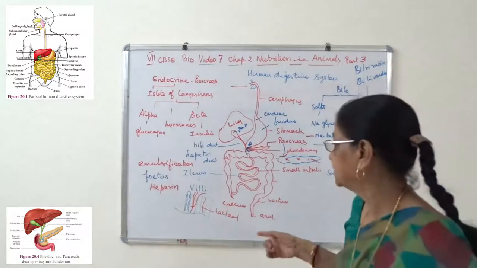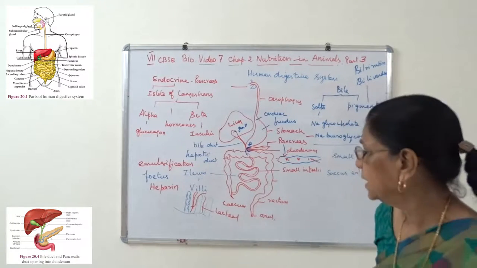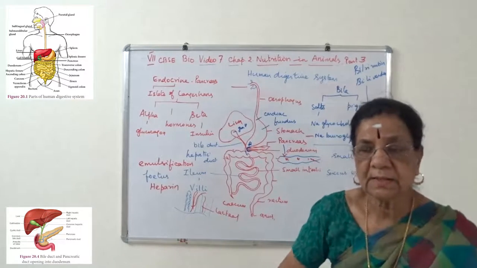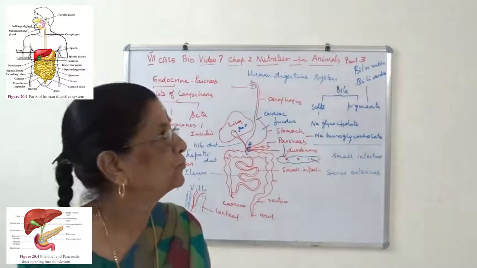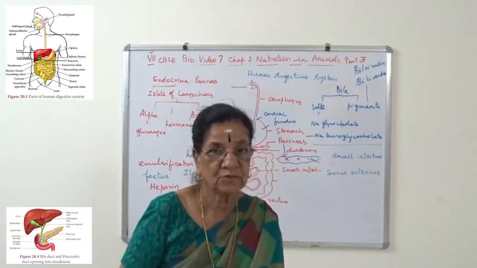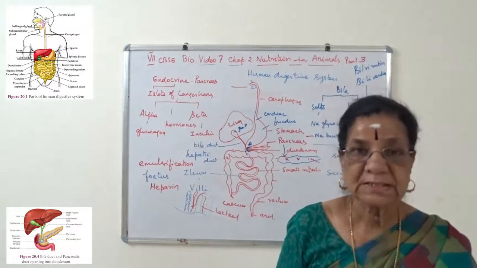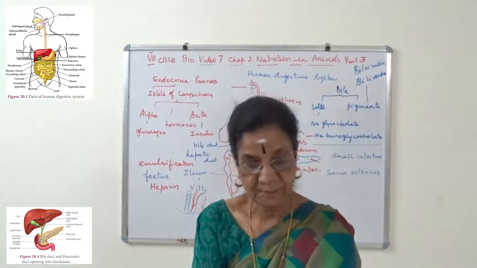Okay. And then about the large intestine, as I said, the cecum is the blind pouch, and when it gets inflamed or accumulates fluid, it is called appendicitis. And then the last step in the digestion.